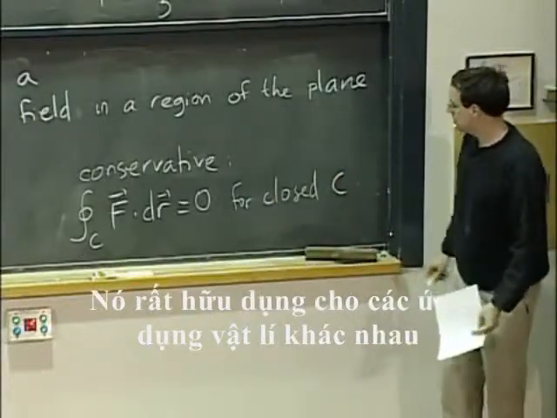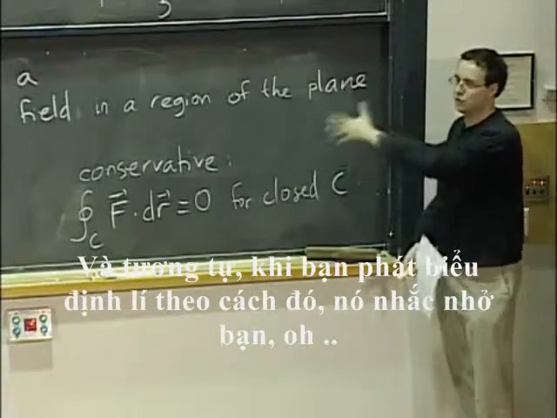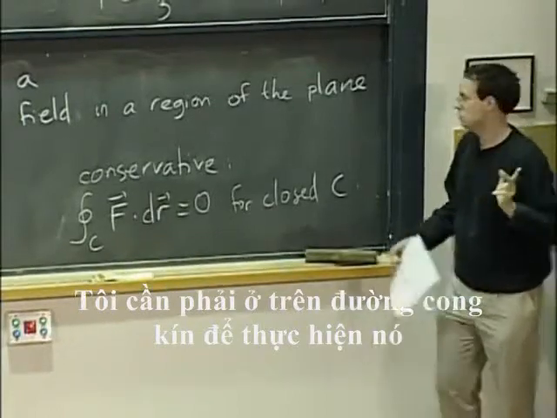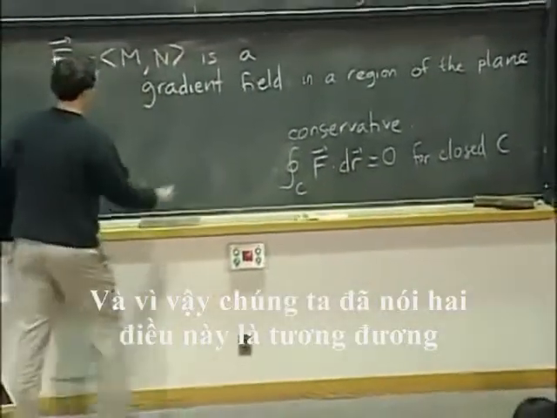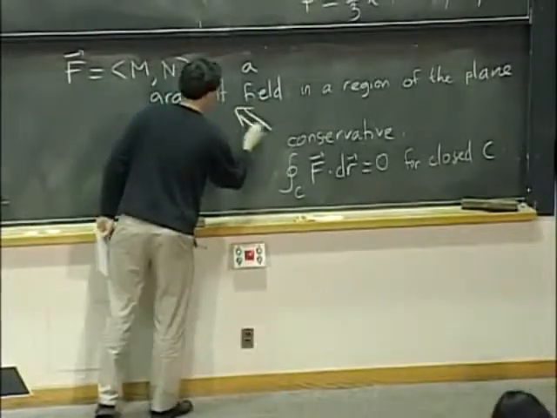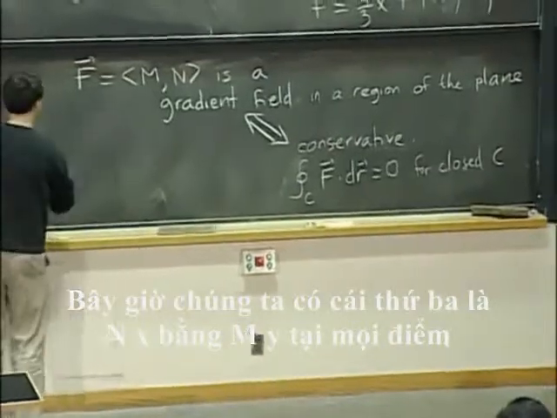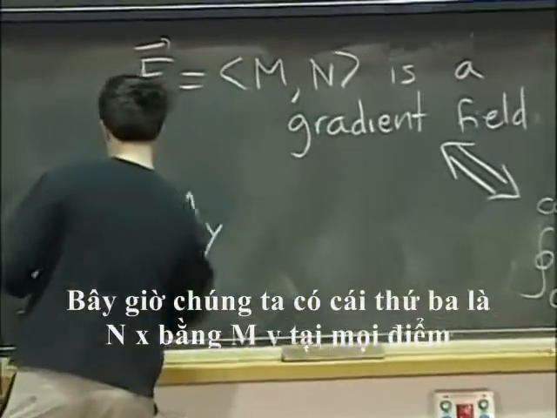It's useful for various physical applications, and when you state theorems in that way, it reminds you that you need to be on a closed curve. We've said these two things are equivalent. And now we have a third thing, which is n sub x equals m sub y at every point.